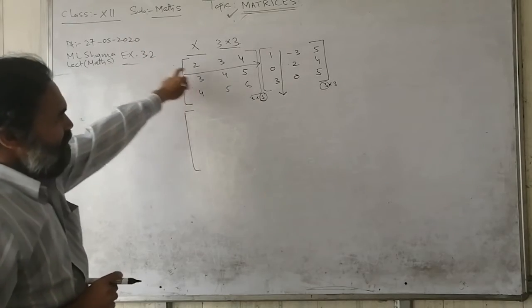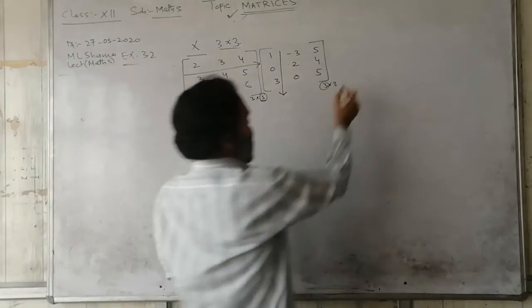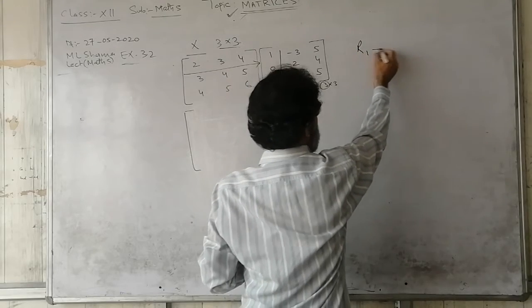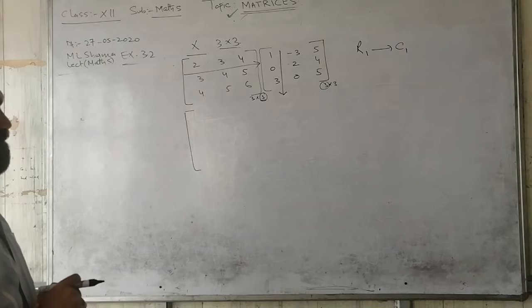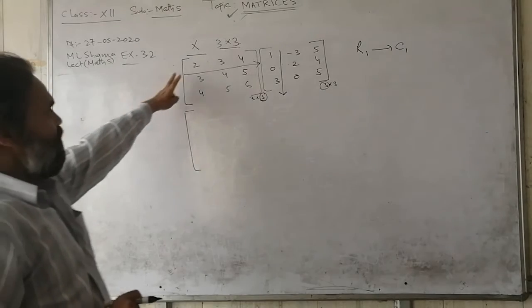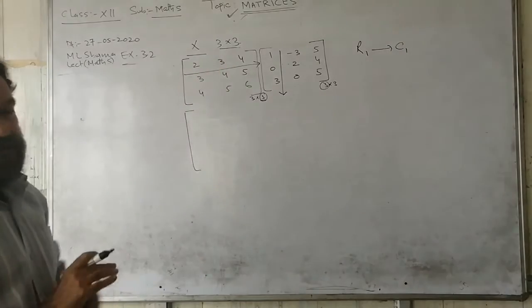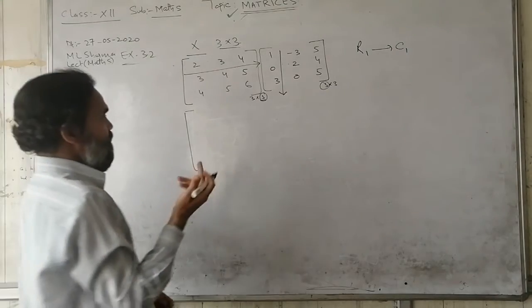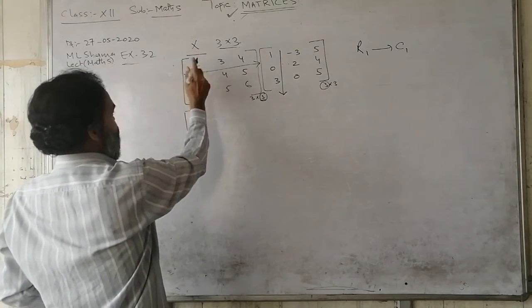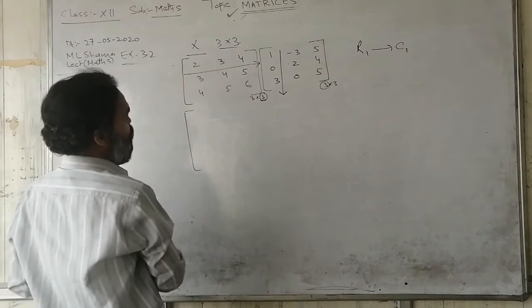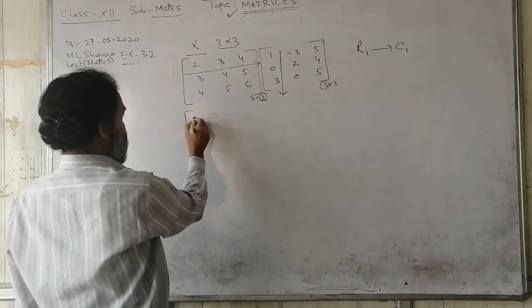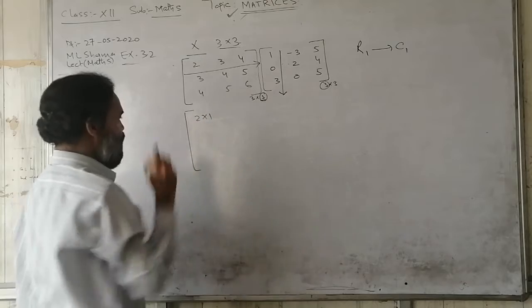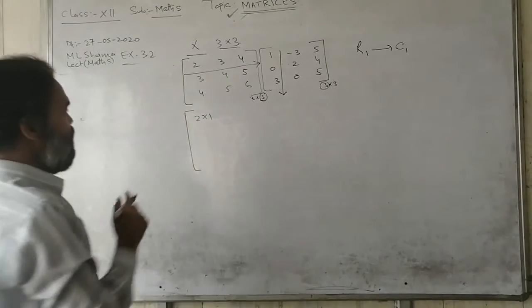As I told yesterday, the rule of matrix multiplication says we have to multiply the elements of row by column. First I am taking the first row and first column. So this 2, that is A11, is to be multiplied by this: 2 into 1, the first element.